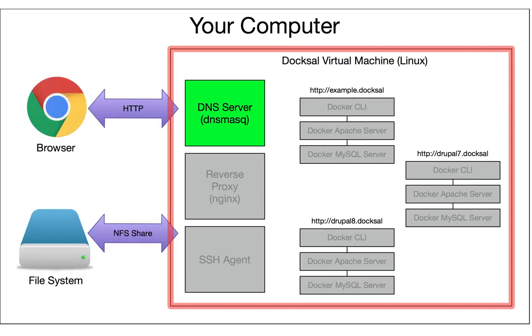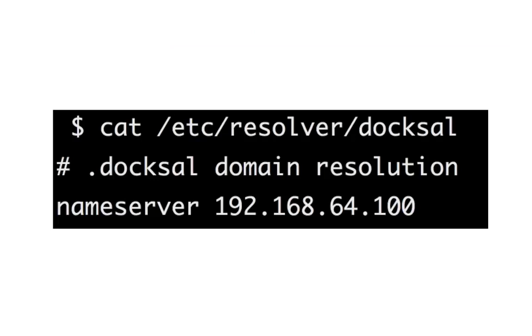So when you install Docksal on your computer, two things happen. The first is there's a modification made to your local DNS system. So if you're on a Mac, you can actually check this out. You'll have a new DNS resolver installed in your /etc/resolver directory.